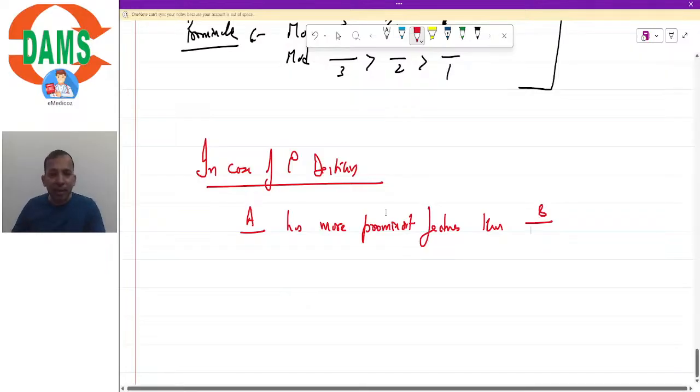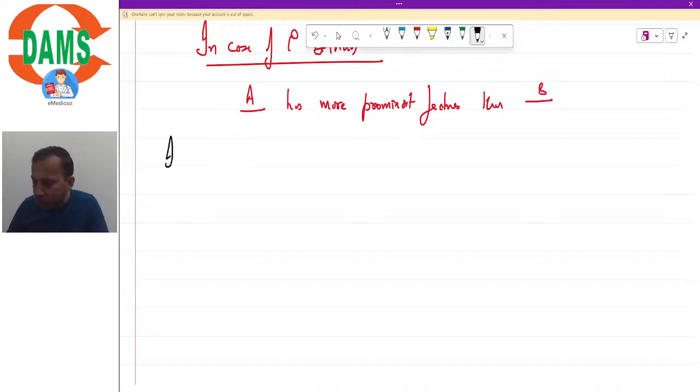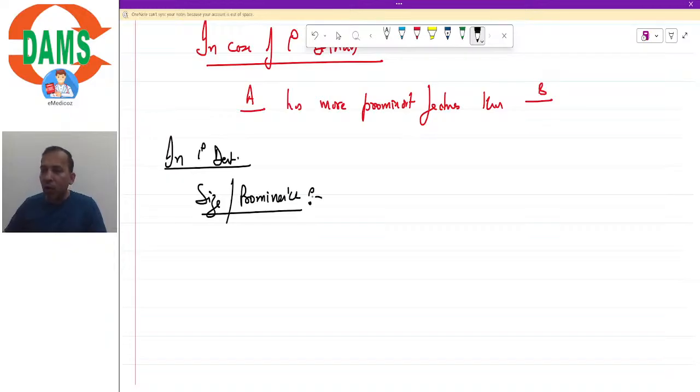So in primary dentition, be it size or prominence, the sequence will always be C followed by A followed by B in case of maxilla.